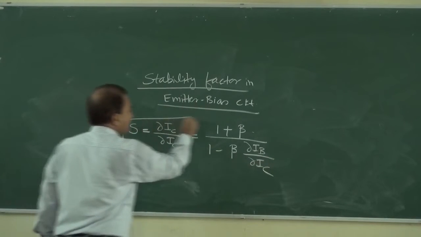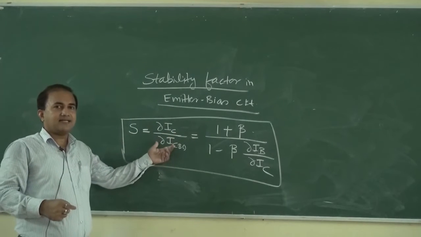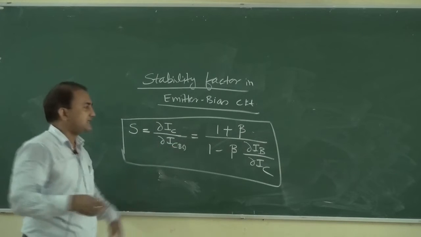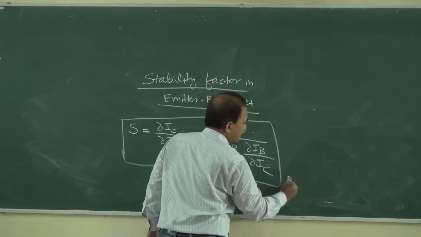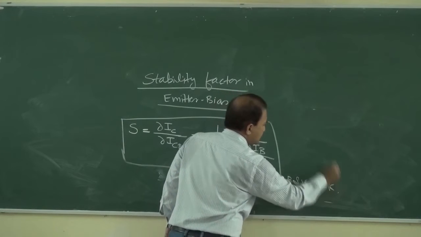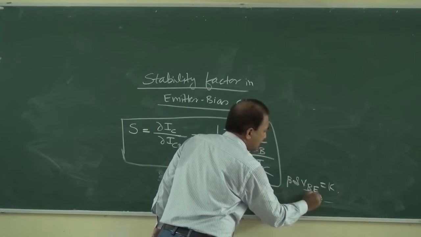This is the expression of stability factor with respect to ICBO when beta and VBE both are constant. Here beta and VBE, or IB, both are constant.